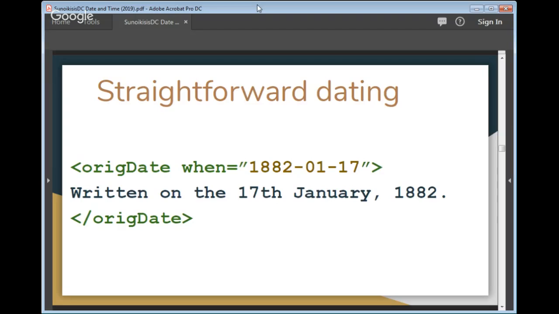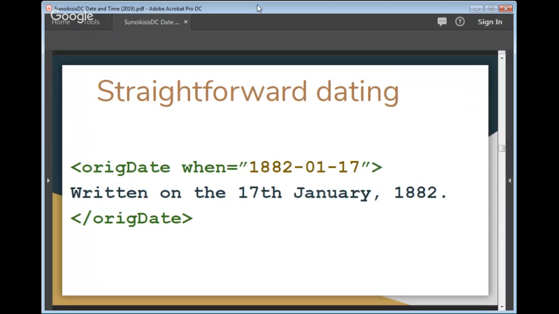That's an ISO date: year followed by month followed by day with hyphens in between. You have to use the full four digits for the year, two digits for the month, and two digits for the day, even if the number is below 10. That's explicitly saying, in the Gregorian calendar, the year 1882, month January, day 17.